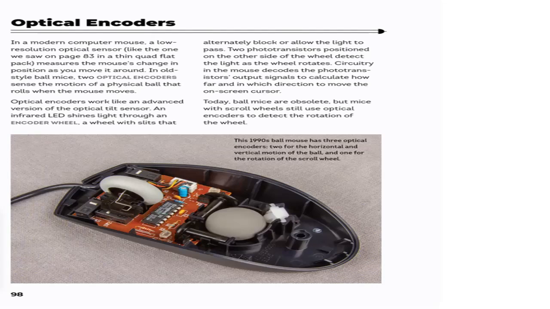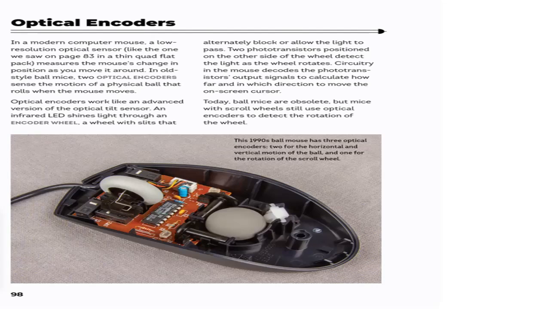In a modern computer mouse, a low-resolution optical sensor measures the mouse's change in position as we move it around. In old-style ball mice, two optical encoders sense the motion of the physical ball that rolls when the mouse moves.